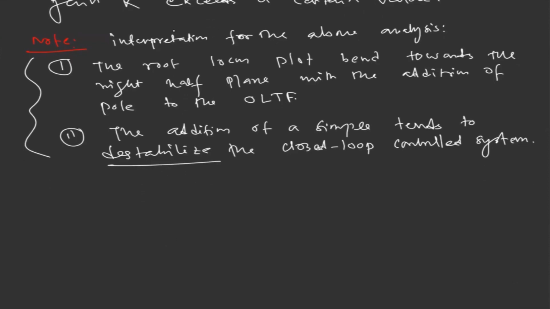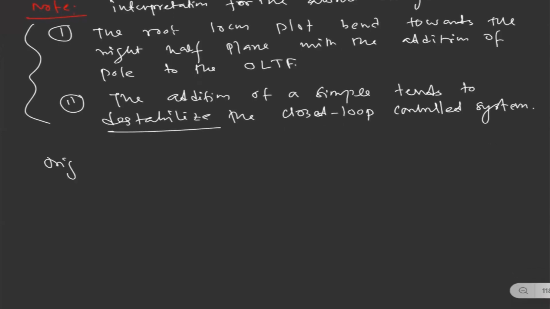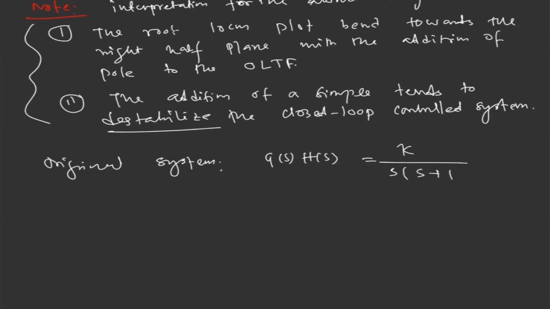Now, let's look at how the root locus will look if you add zeros to the system. We'll consider the original system. In the original system we have G(s)H(s) equal to K upon s into (s plus P1).